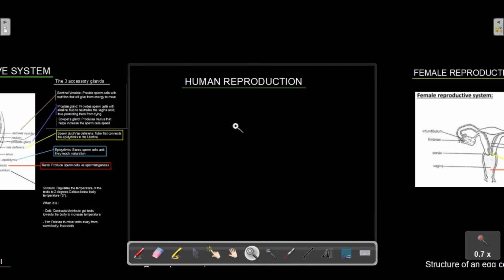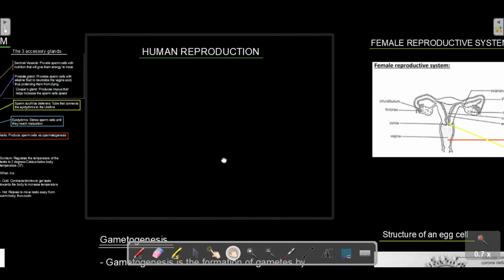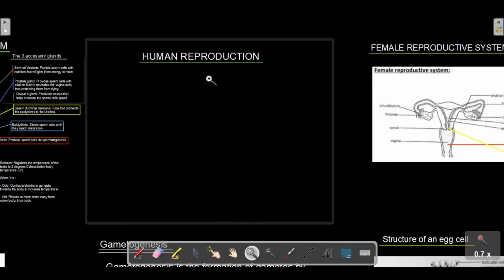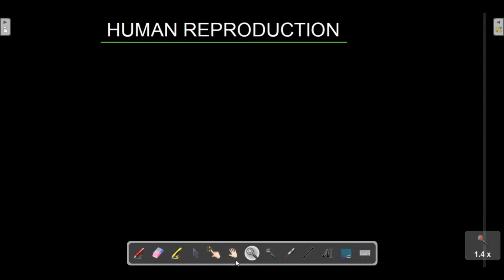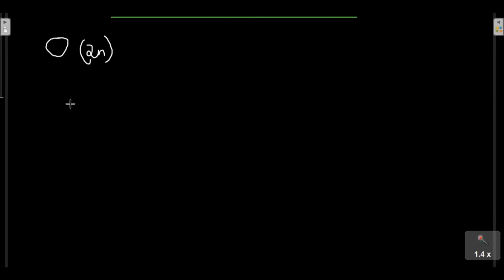So reproduction in humans is really quite fascinating, and these two systems are very important for our reproduction as humans. So in order to reproduce, you need gametes. Okay, so we talked about gametes in the meiosis video, where we said that a diploid somatic cell undergoes two meiotic divisions to produce four unique different haploid sex cells.